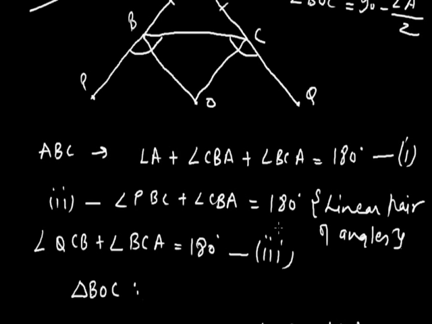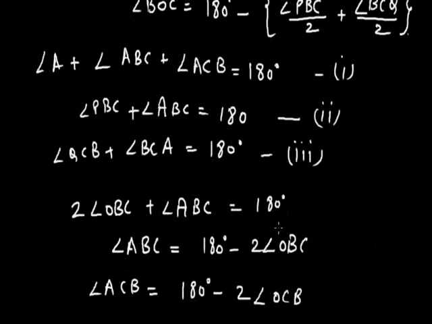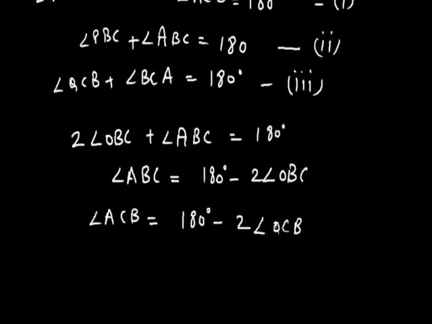So angle OCB and angle OCQ are two equal parts of the exterior angle C. That's why we can write angle BCQ as twice of angle BCO. So angle ACB is 180 degrees minus twice of angle BCO or OCB.